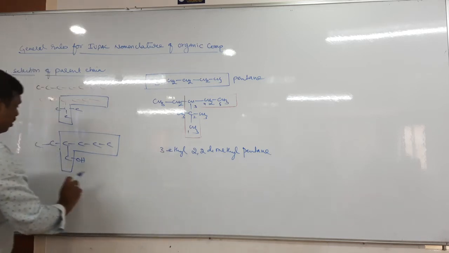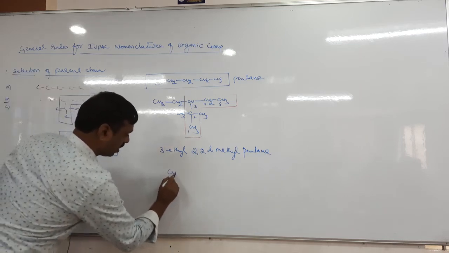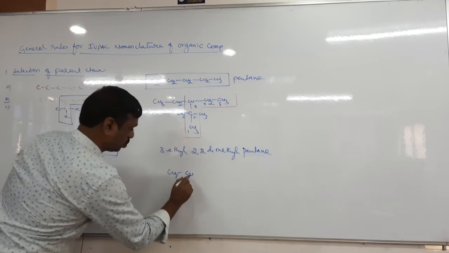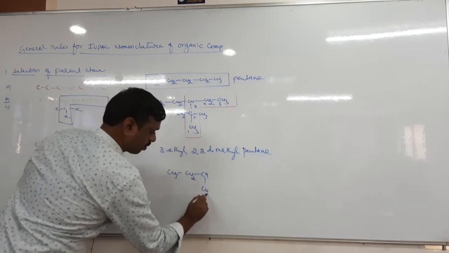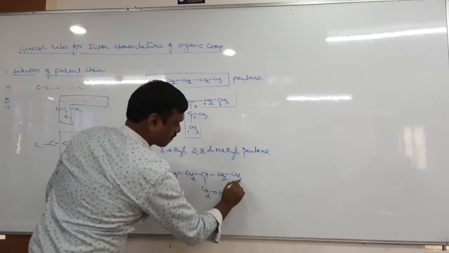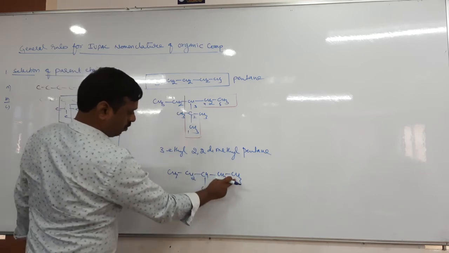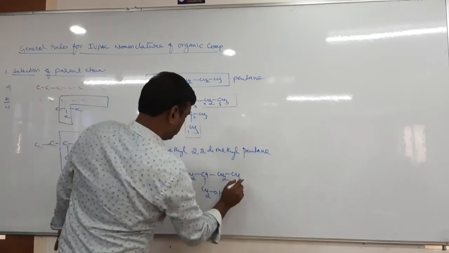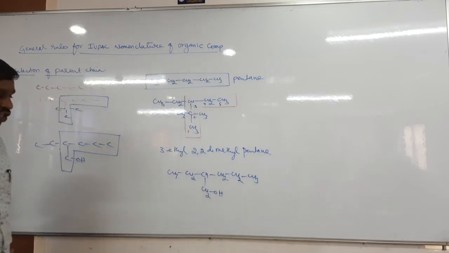For example, you see 1, 2, 3, 4, 5, 6. Let me take it as 1, 2, 1, 2, 3, 4, 5. Take another one, 6. Which is the parent chain here?